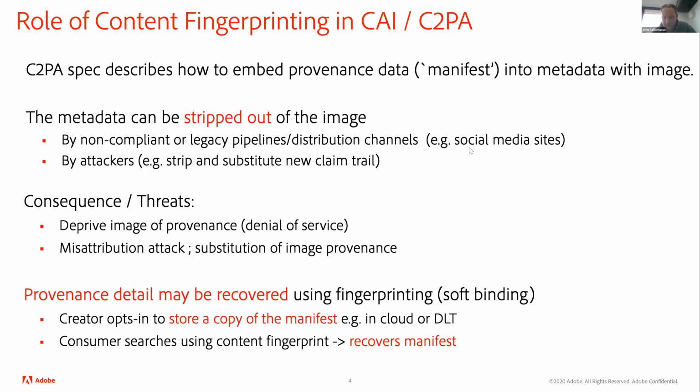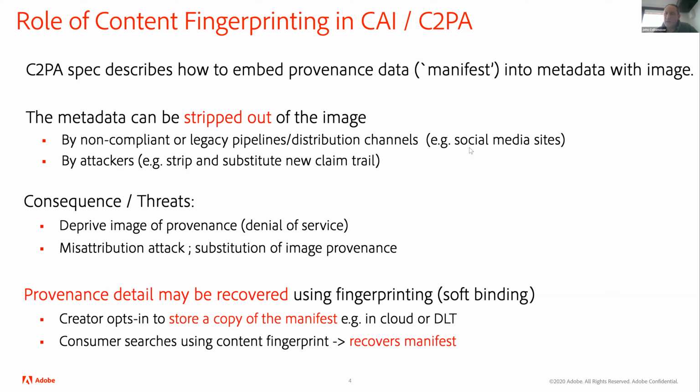So the idea then is to use computer vision AI technology in order to match an image that has been stripped of its metadata back to some authoritative database of that provenance information containing that manifest. So we can imagine that a creator of an image might opt in to storing a copy of this provenance information, this manifest, in the cloud, or maybe even some form of distributed ledger.